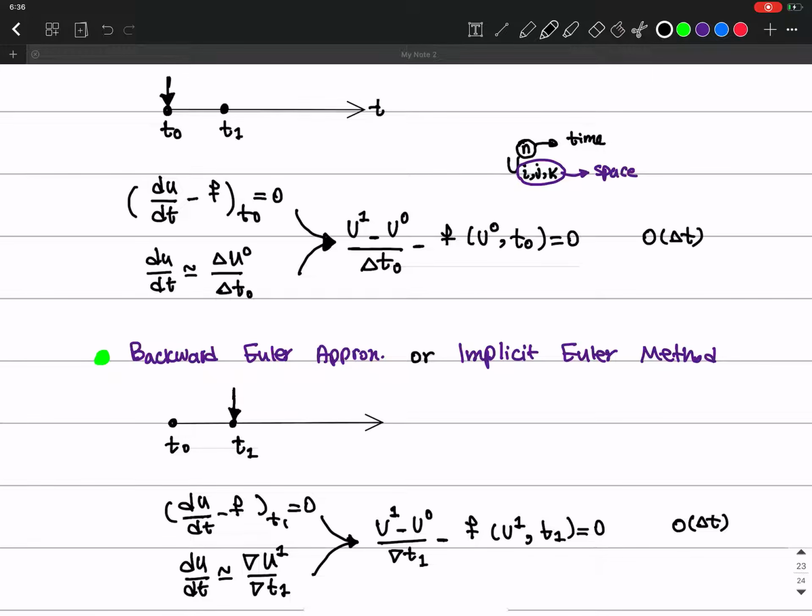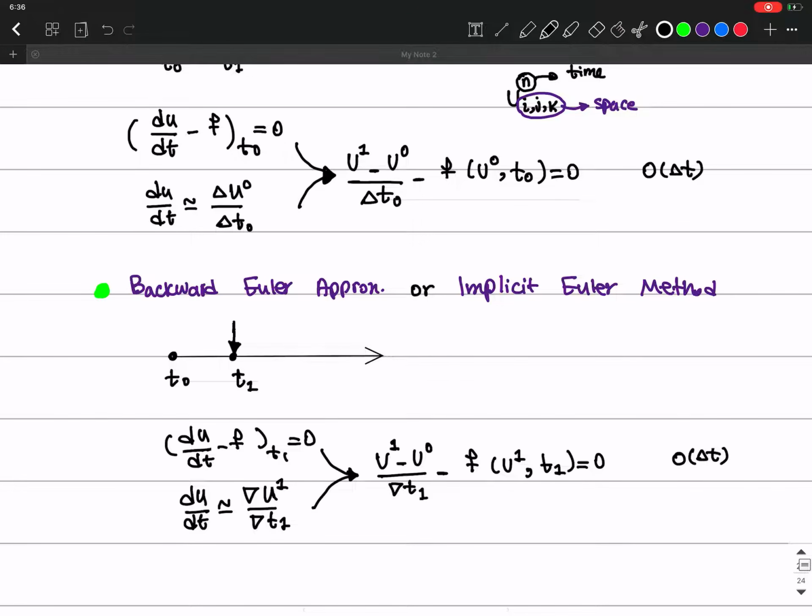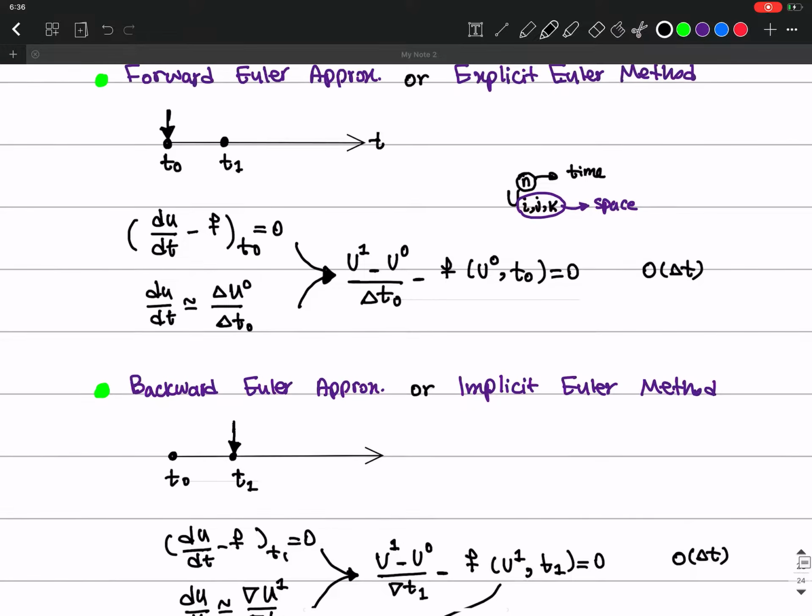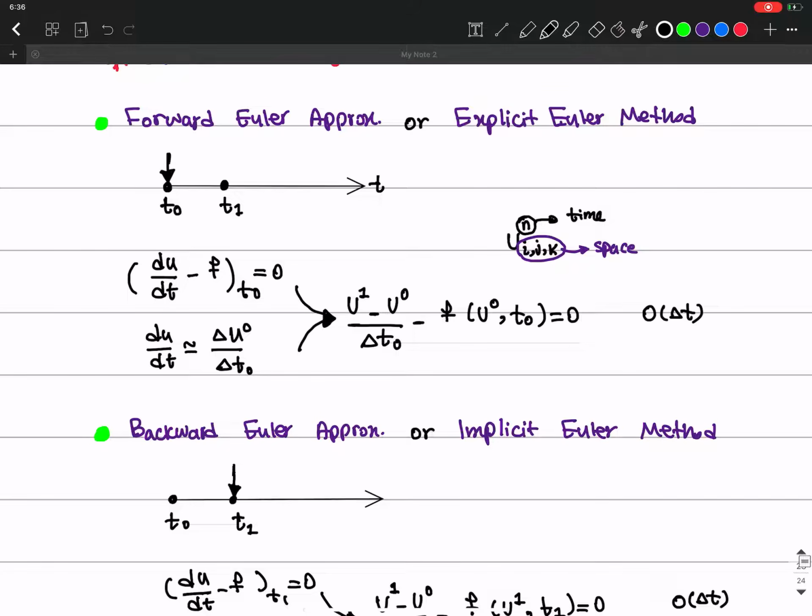Okay, so what is the difference between these two methods, forward Euler and backward Euler? There is a very important difference in stability, which we will cover in this lecture. And the other one is, since we don't know this u1, right, f u1, so here is explicit, right? So you have the initial condition, for example, for t0, you know that.